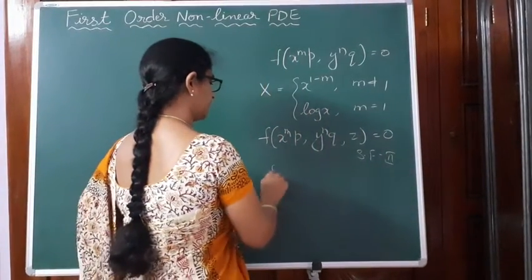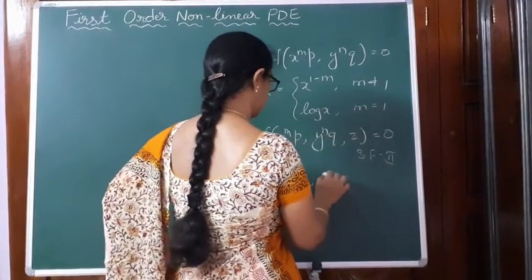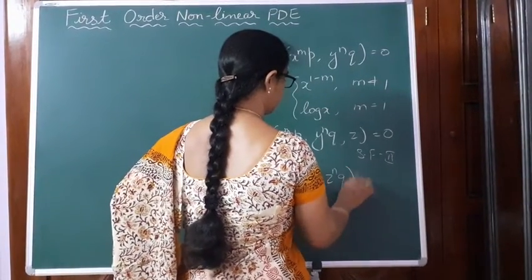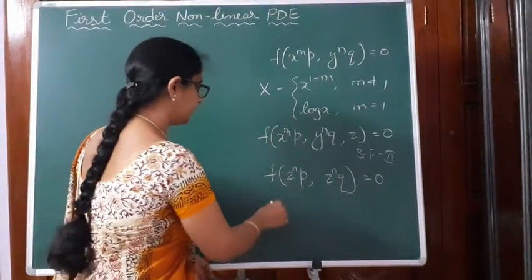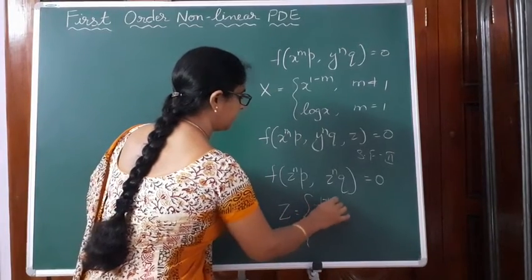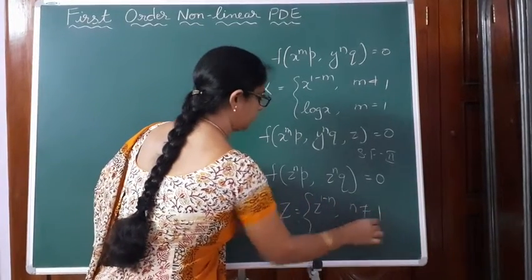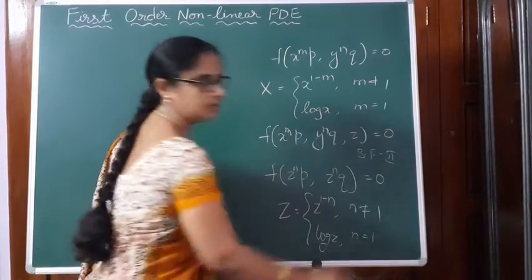And we have some other equations like f of z power n p comma z power n q is equal to 0, which can be reduced to standard form 1 by taking the substitution capital Z is equal to z power 1 minus n when n is not equal to 1, and log z when n is equal to 1.